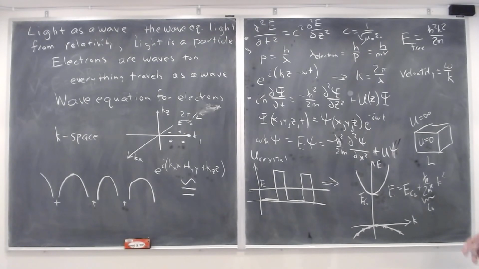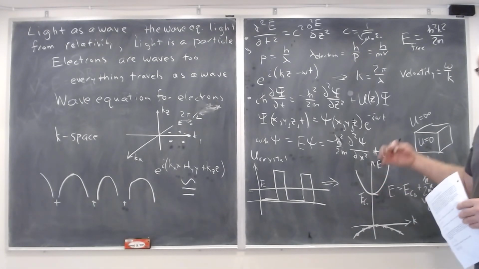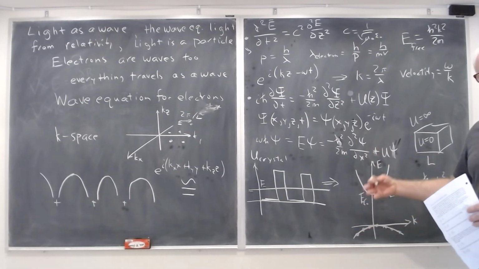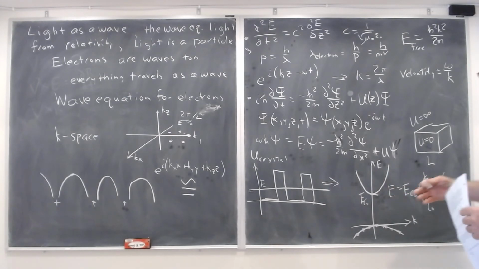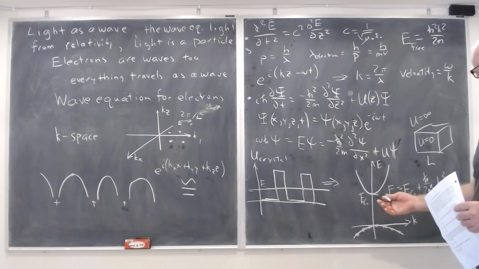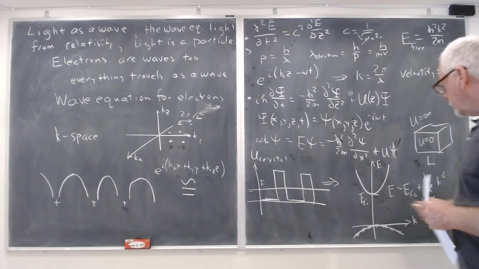Now, the next thing we did was we talked about doping of atoms in a crystal. So, for example, this picture would be for a pure crystal with no impurities.